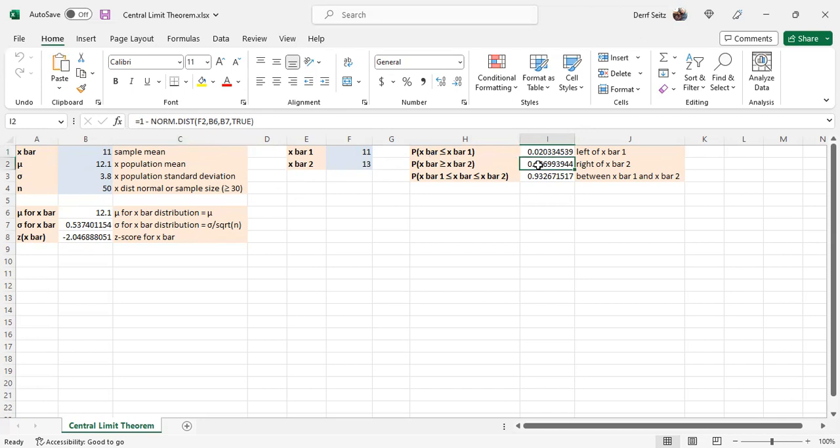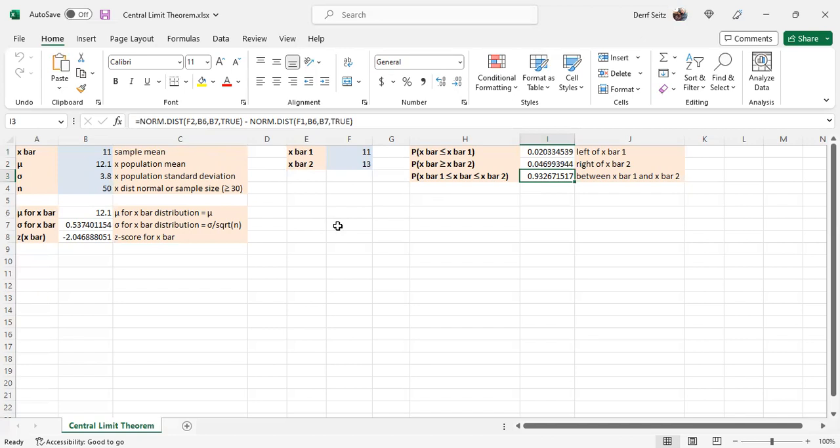The next one below it, area to the right of X2, you get that by doing 1 minus the area to the left of the X bar 2 value. So that's why we have F2 up here for the X bar 2 value, B6 and B7 for the mu and sigma, and true. And this last one, to get the interval in between X bar 1 and X bar 2, you take the larger one to the left of it, subtract the smaller one to the left of it, and you will get that probability or area under the curve.